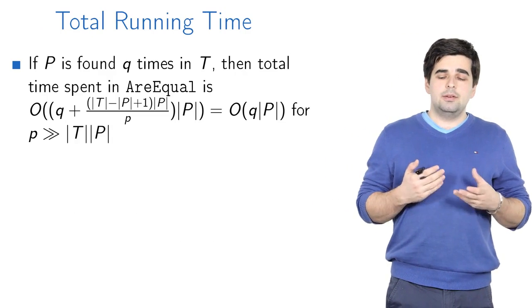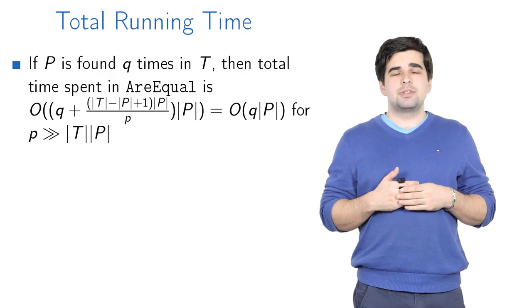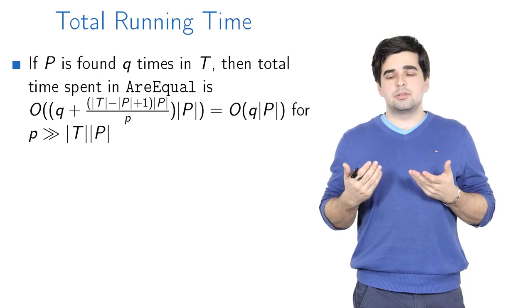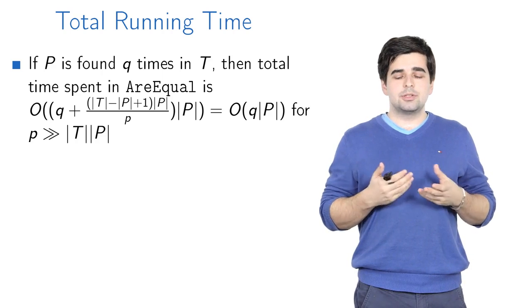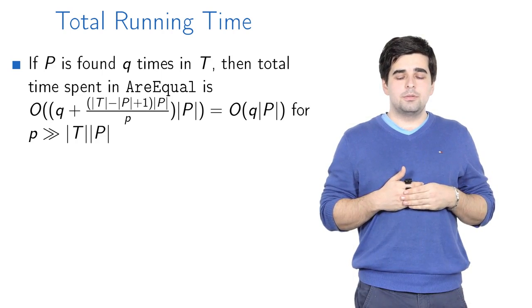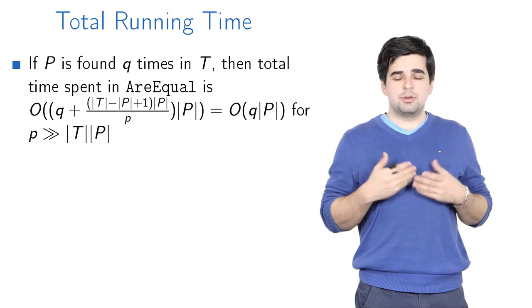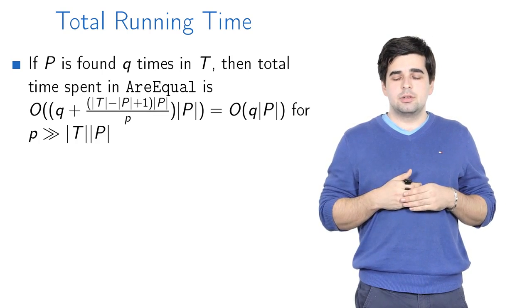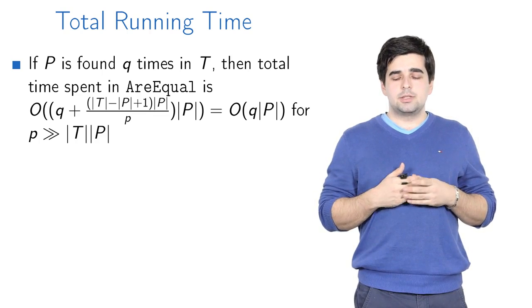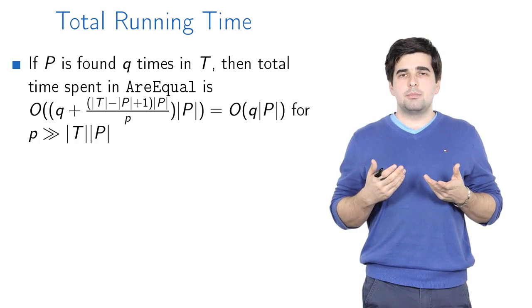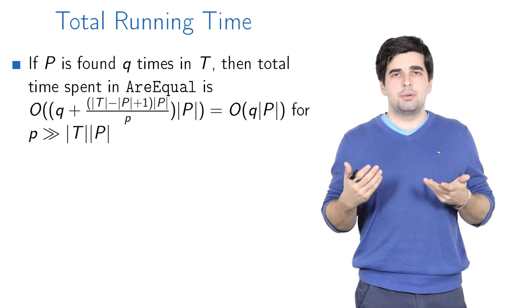So, if q is the number of times that pattern p is actually found in different positions in the text t, then the total time spent in r equal on average is big O of q, which is number of times p is really found, plus the fraction t minus p plus 1 multiplied by p and divided by prime p, which is the average number of times that a false alarm happens.